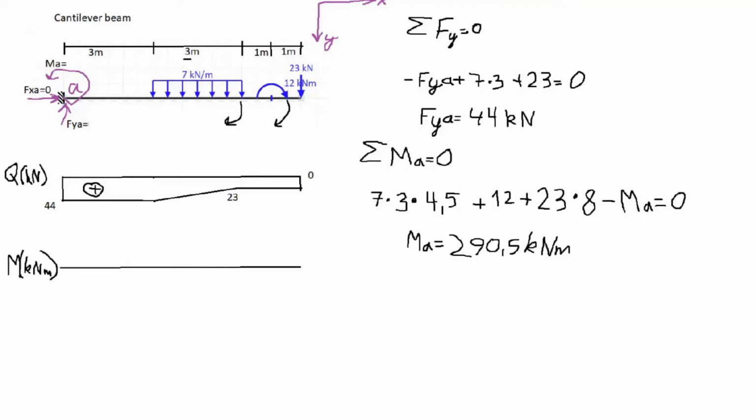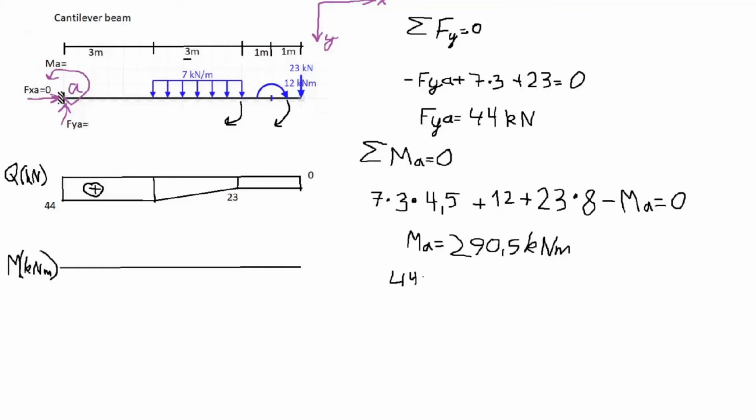Again, in the moment diagram we are looking at what is going on inside the beam as far as moments go, and moments create normal forces, and we draw our moment diagram to the side that is stretched out, and we will use the method of integrating the shear force diagram.